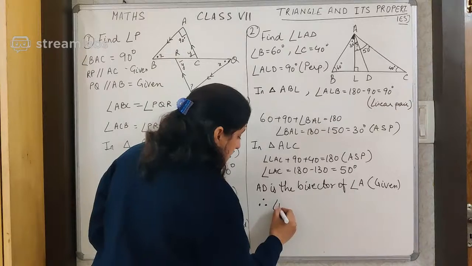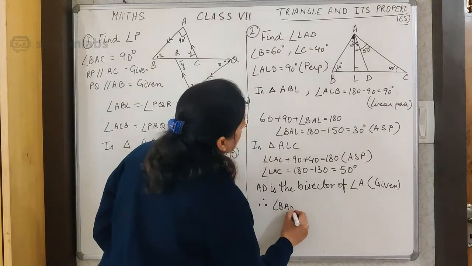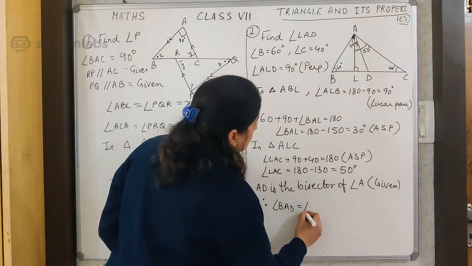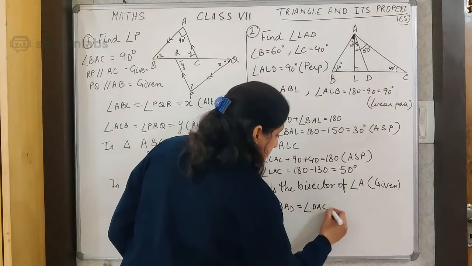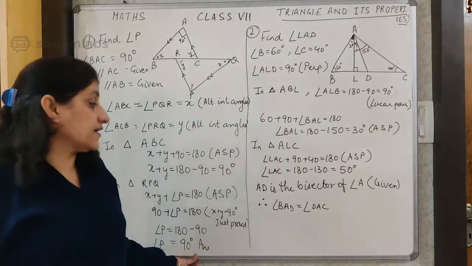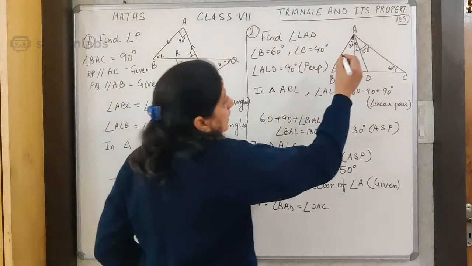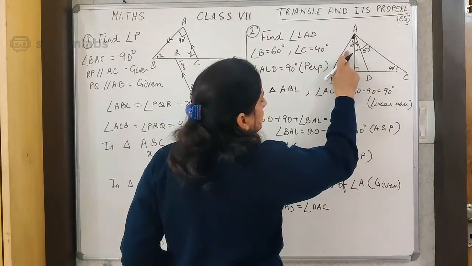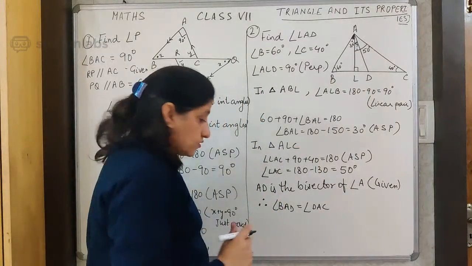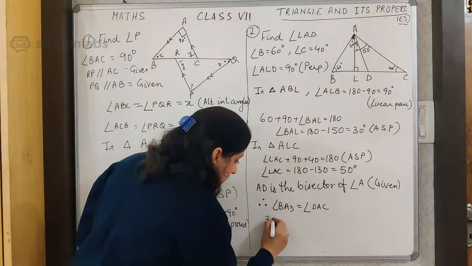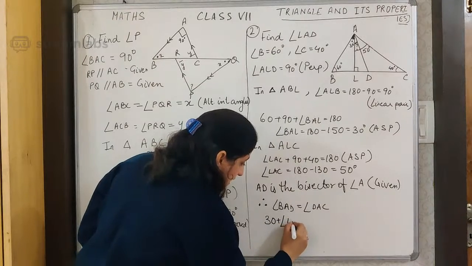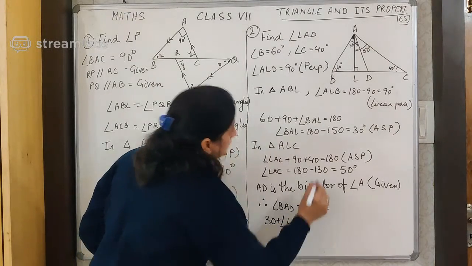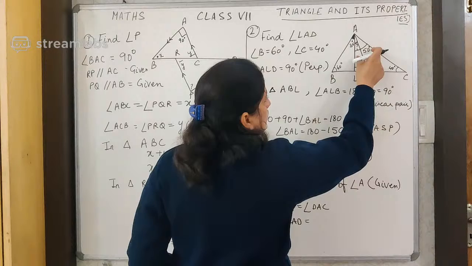Therefore, angle BAD should be equal to angle DAC because it is the angle bisector. Now if I look at this, what is angle BAD? BAD will be 30 plus LAD. Okay. So 30 plus angle LAD should be equal to DAC.